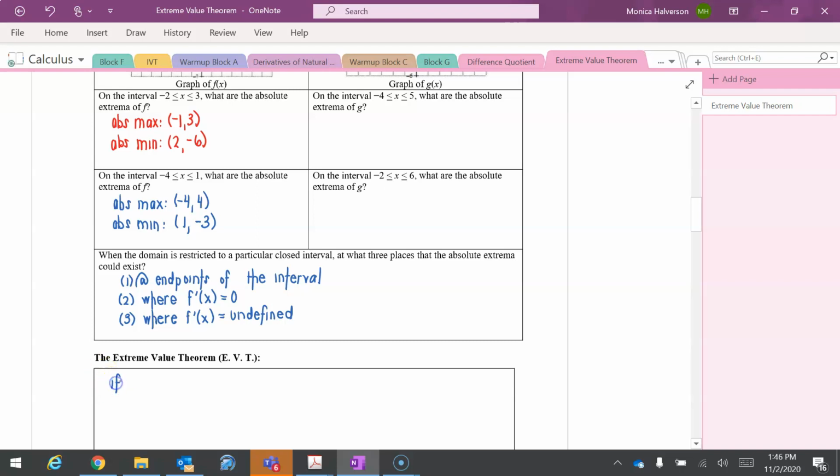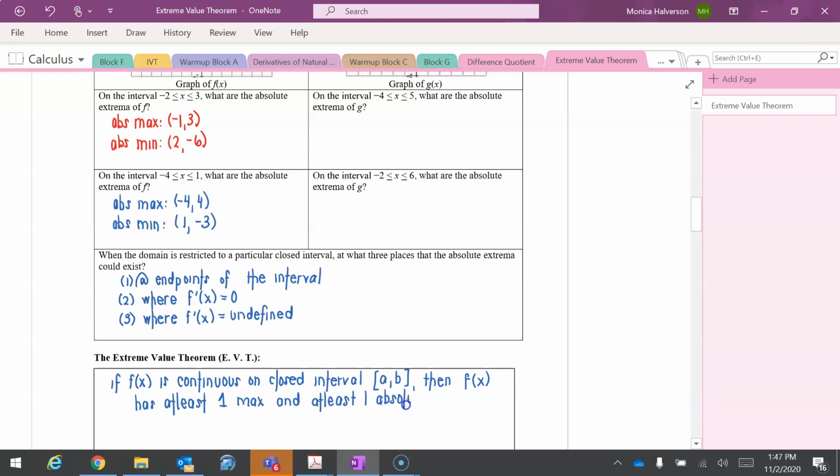And the theorem says that if f of x is continuous on the closed interval of a to b, then f of x has at least one absolute max and at least one absolute min on the closed interval.